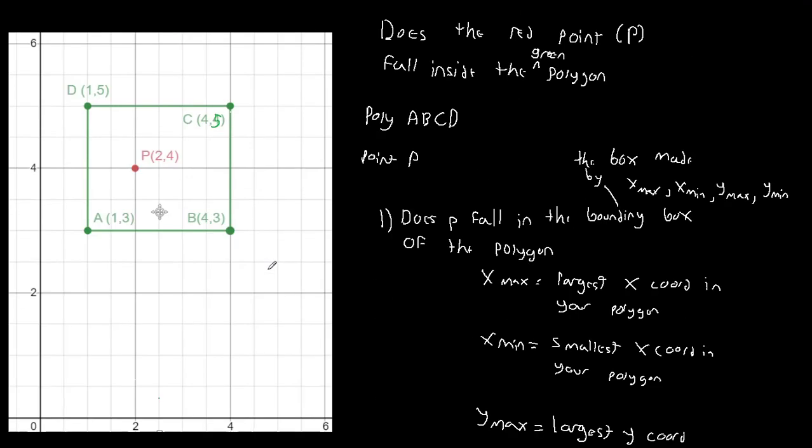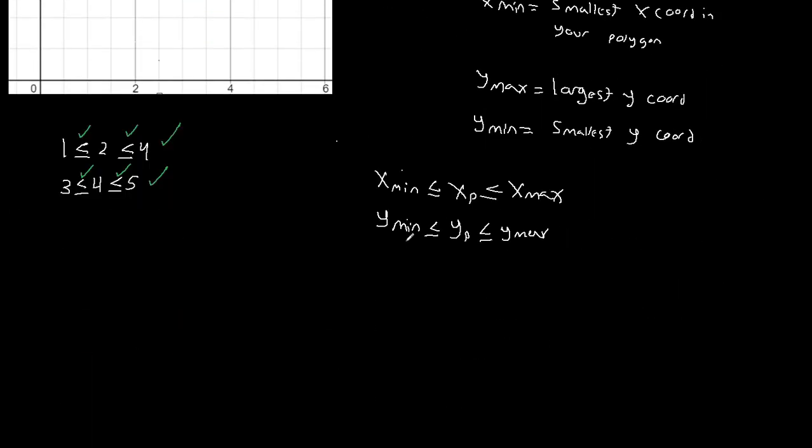So the next thing we want to do is figure out, now that we know it's inside of the bounding box, all right, does P fall inside of the bounding box? That's question 1. Question 2. This question is going to seem a little awkward, but when we look at another example, it'll make more sense.